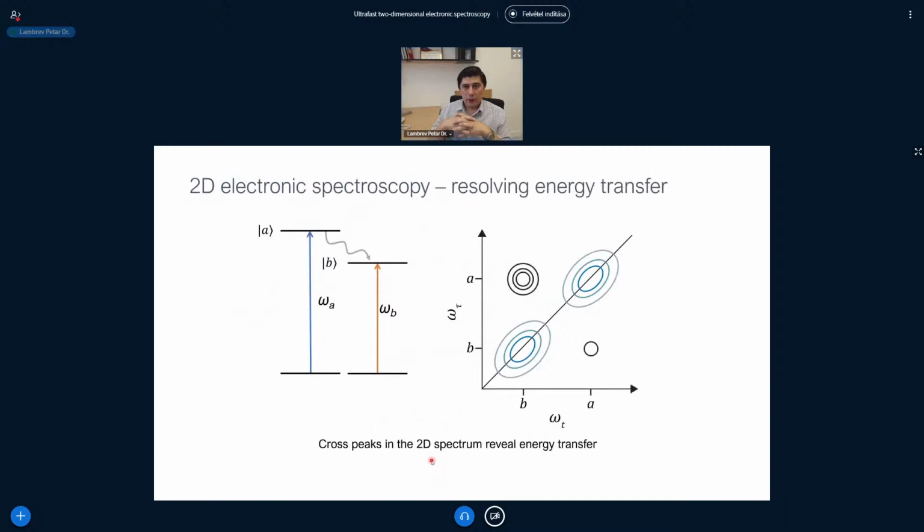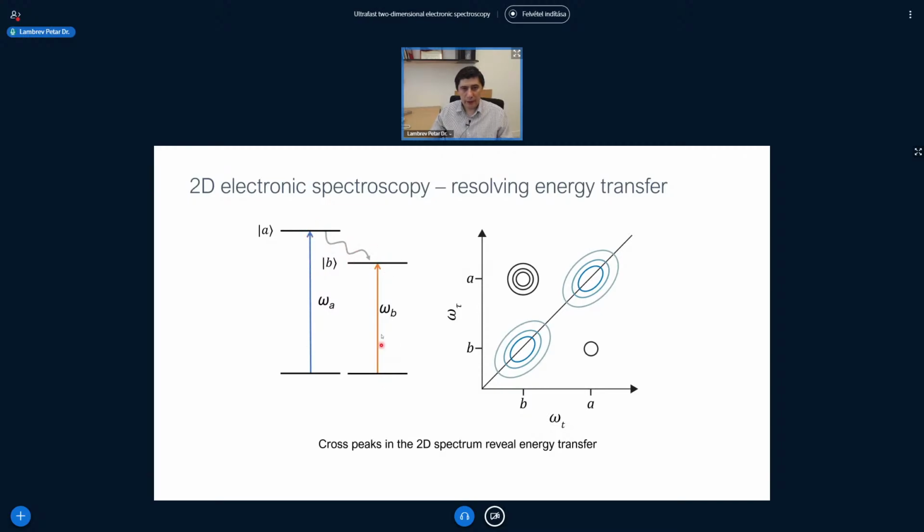Now, what is it good for? Well, it's good for a variety of things. That means you can extract different kinds of information from a two-dimensional spectrum. We are very interested in resolving energy transfer, and two-dimensional spectroscopy is extremely good at that. Energy transfer means you have two molecules which have slightly different frequencies. So you pump at the frequency of one molecule, it will transfer the energy to the other.